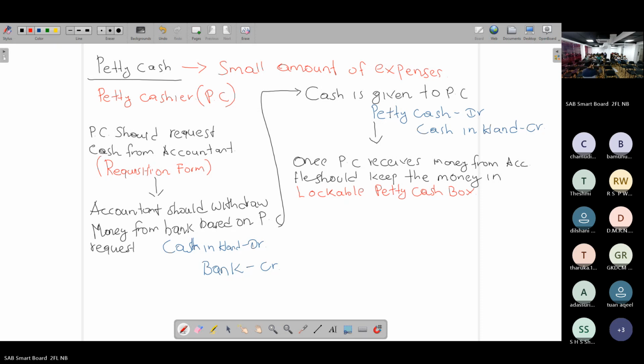Okay. You should keep the money in the lockable petty cash box. So now responsibility is with petty cash. Now next one, we go one month. You should spend that petty cash amount in a proper manner. How he should use that petty cash amount in a proper manner, we are going to discuss now.